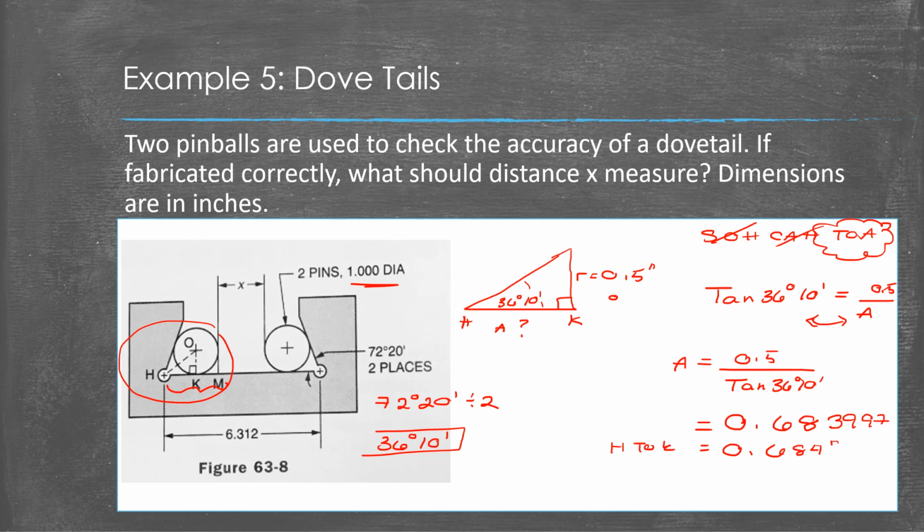So we figured out the distance from here to here. Now we know H to K, and we want to know H to M. To get from H to M, we just add from the center of the circle to the outside edge another radius. So 0.684 plus 0.5 gives you a value of 1.184 inches.